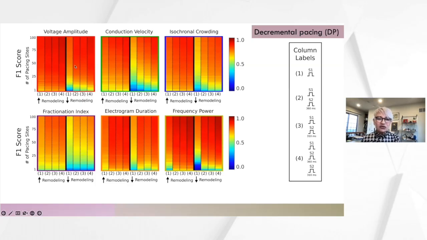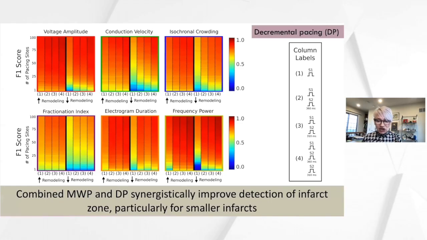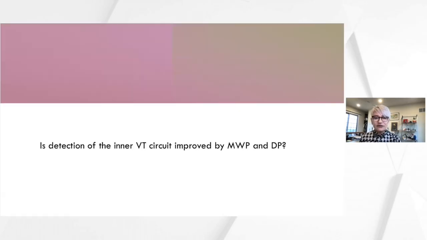So as we gave S2 stimuli here, we got F1 score that was closer to 1 for all these different features. So the combination of multiple wave propagation and decremental pacing improved the detection of the infarct zone, particularly for smaller infarcts.